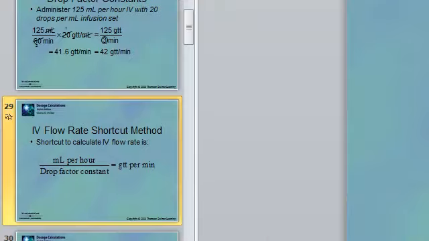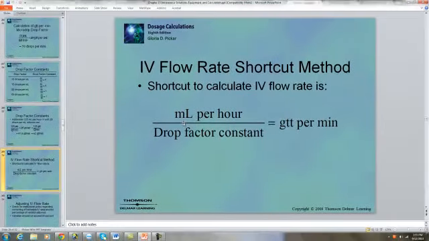So the shortcut to calculate IV flow rate is to take the milliliters per hour divided by the drop factor constant, and that will give you the drops per minute.